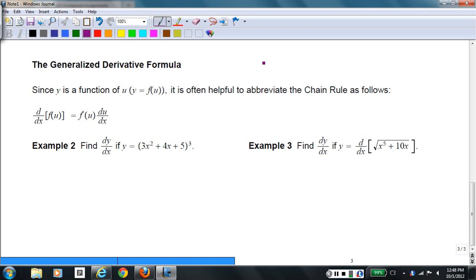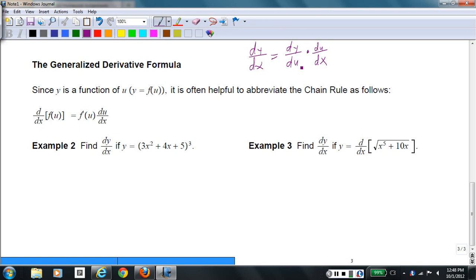If y is a function of x, and you can have an intermediate function u, and you're trying to find dy dx, if you can find the derivative of y with respect to u, and then you can find the derivative of u with respect to x, the product of those derivatives is the derivative of y with respect to x.